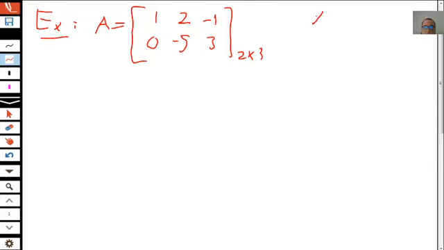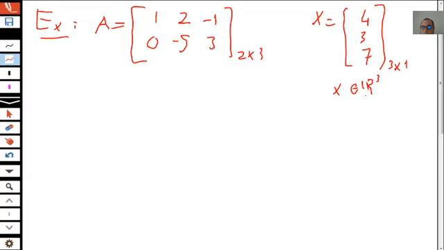And the vector x has the components 4, 3, 7. So we have 3 rows, 3 entries and 1 column if you consider it as a matrix. Okay, so we say that x is in R cube. It is a vector in 3-dimensional space.